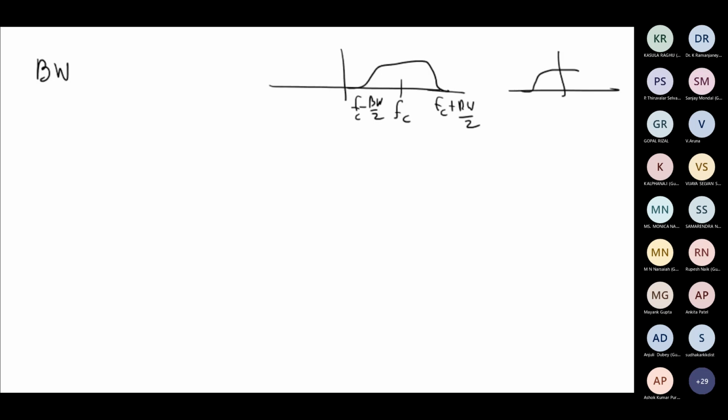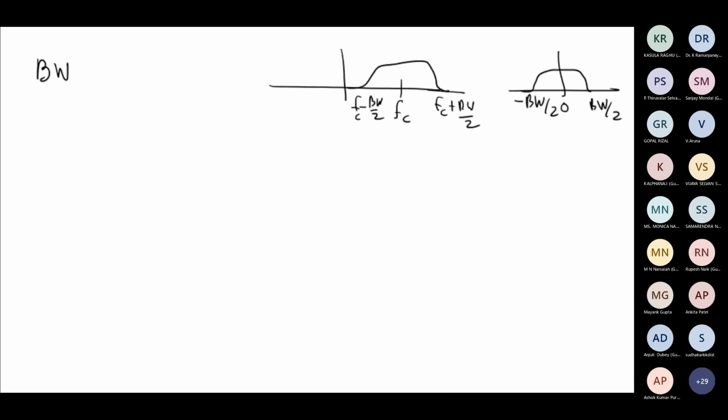First of all, let's recall that the bandwidth of the entire CSS signal was BW. In the passband, it goes from FC minus BW by 2 to FC plus BW by 2. In the complex baseband representation, it goes from minus BW by 2 to plus BW by 2.